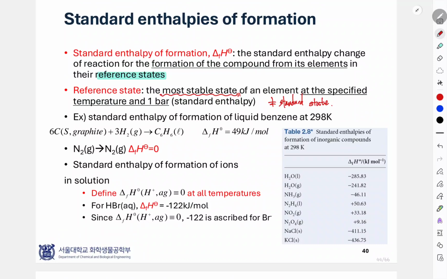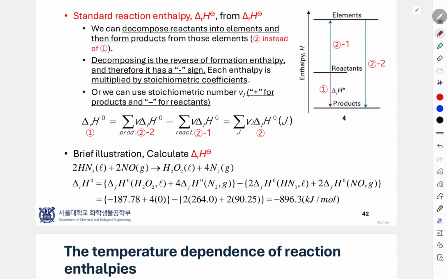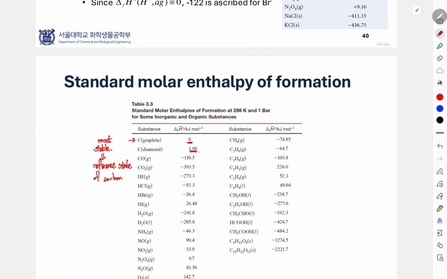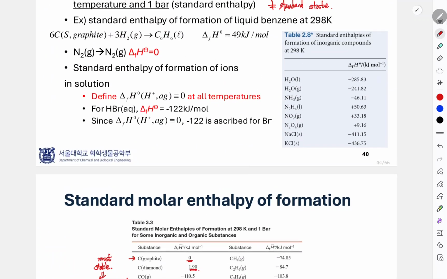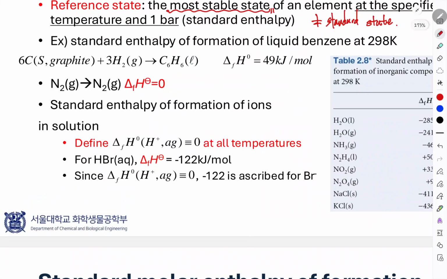So, for example, if the enthalpy of formation of HBr is found to be 122 kilojoules per mole, for this formation reaction, we can write like this.